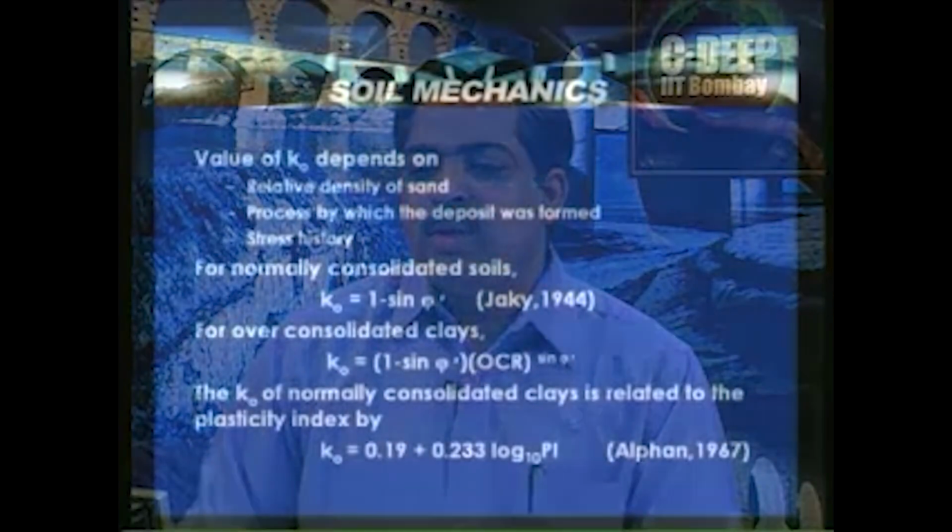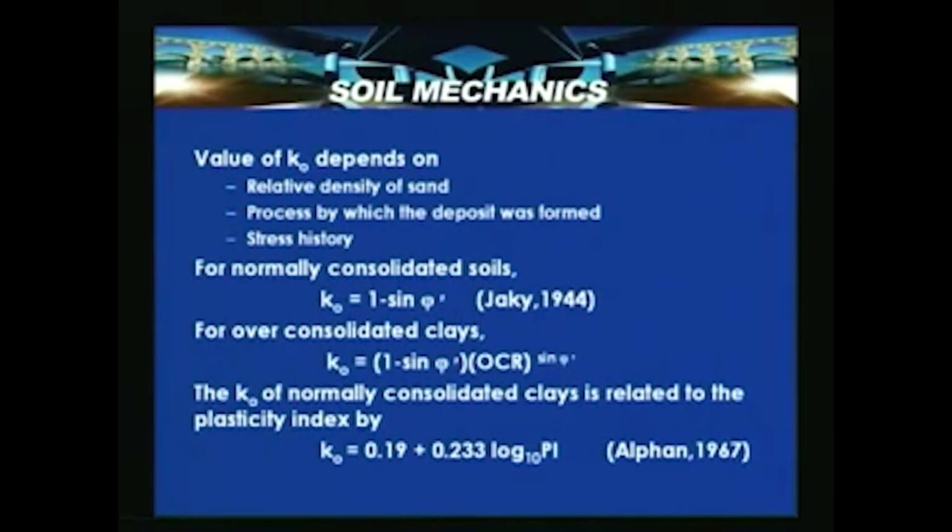We discussed that the earth pressure coefficient K naught depends upon the relative density of sand, the process by which the deposit was formed, and the stress history. It can be estimated using Jaky's formula: for normally consolidated soils, K naught is equal to 1 minus sin phi dash.